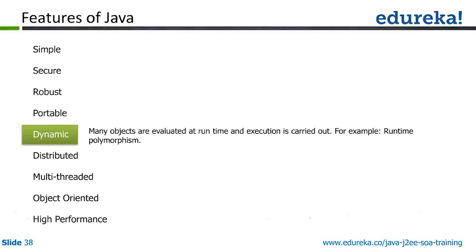So it's dynamic. So we'll look at some of these features here. We say there are many objects that are evaluated at runtime and execution is carried out. One of the examples is runtime polymorphism.